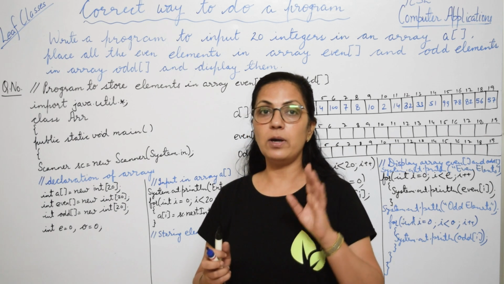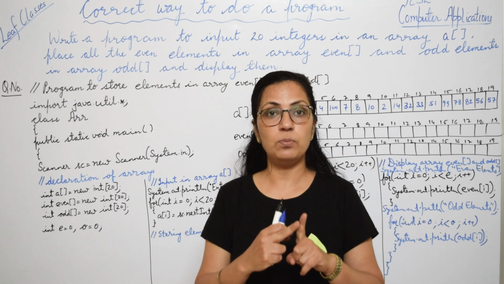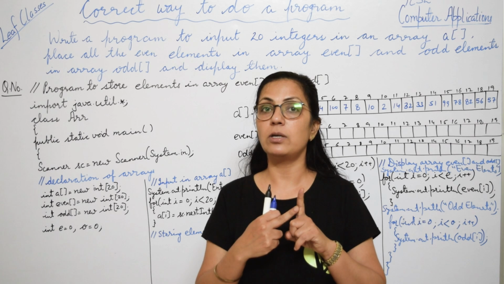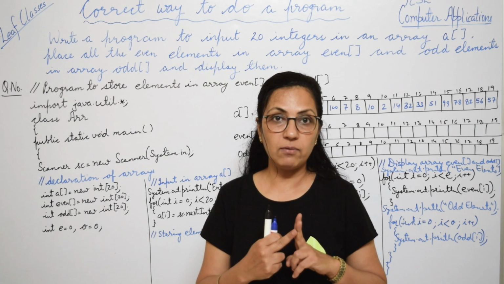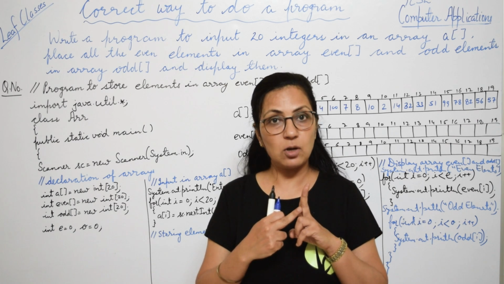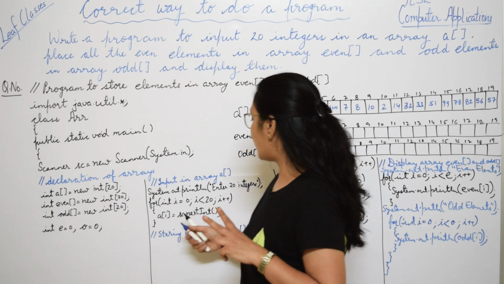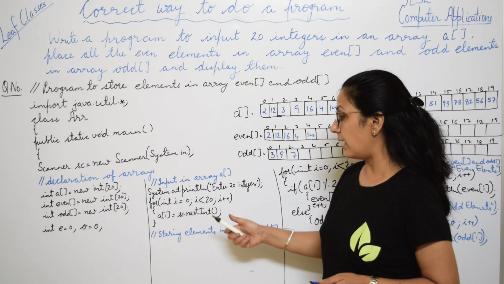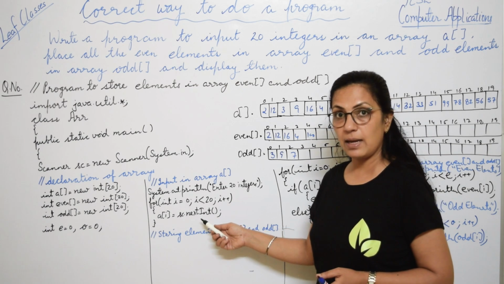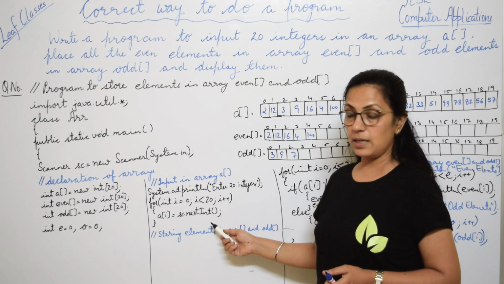So the important points: the semicolon, where it has to be and where it should not be. Import statement given or not, scanner class object created or not, the function nextInt written correctly or not, I has to be in capital letter, no space here.